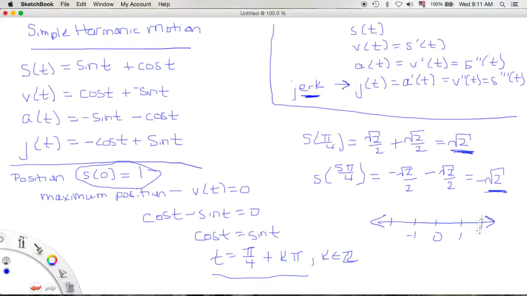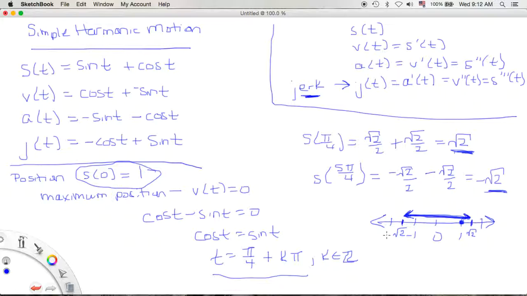That means that the square root of 2 is about here, and negative square root of 2 is about here. So if we started here, then we would go here, and then back to here, and back and forth. It's a periodic function. It repeats. So that's what happens with the position.